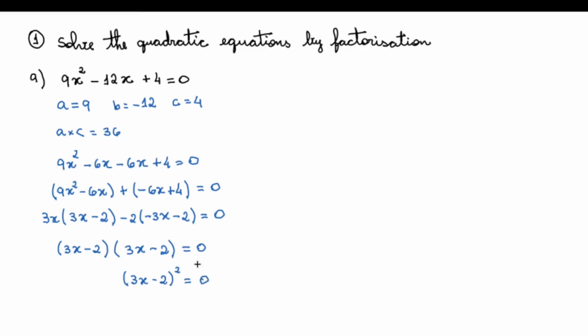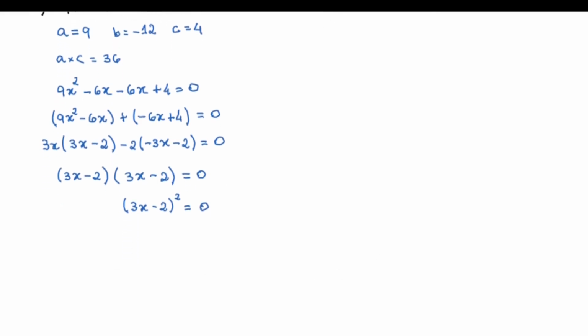So this is the factorized form of the equation 9x² minus 12x plus 4 equals 0. And now we can solve to find the value of x. Taking the square root of both sides, we can write 3x minus 2 equals 0.